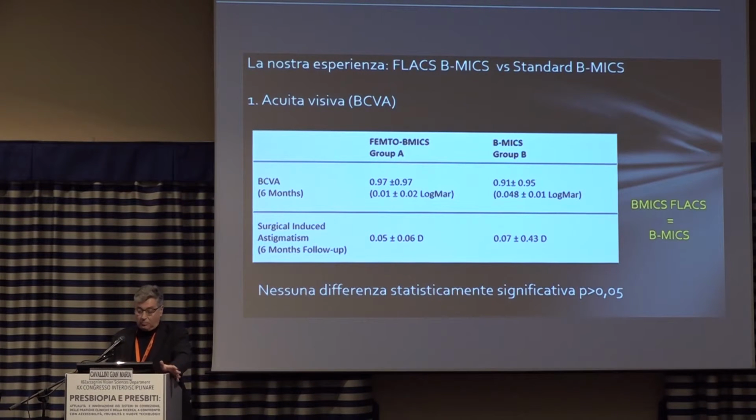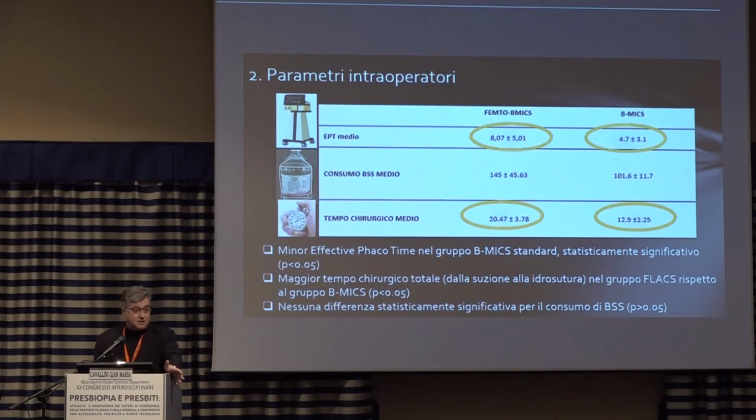I compared a group of patients treated with femto laser and one without, using my bimanual technique. I have a very short follow-up, 6 months only, but there are no differences in terms of visual acuity. There are differences in terms of surgical time and quantity of ultrasounds. I need to use more ultrasounds, and time gets longer with femto laser.